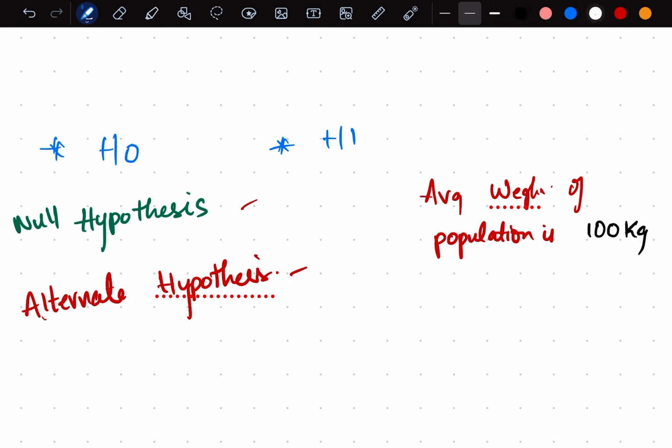Now we got a new sample of, let's say, 40 people, and we got the average weight as 130 kg.